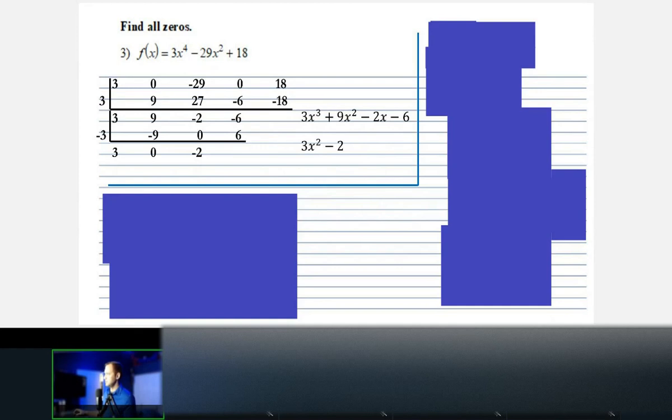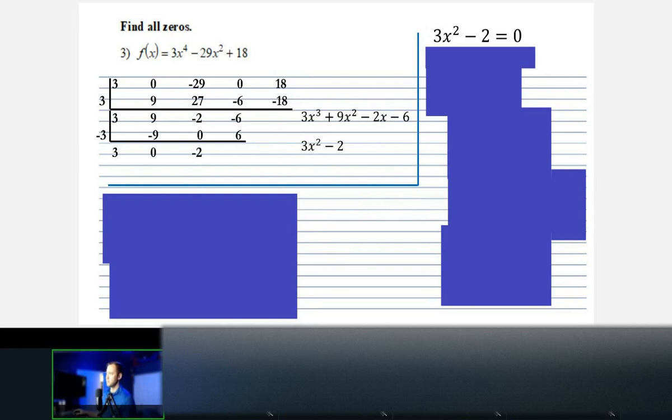Did anyone else use something different than the quadratic formula? So Lizette says set it equal to 0, and I would agree. Yeah, set it equal to 0 and solve. That would have been faster. Now the quadratic formula would have worked.